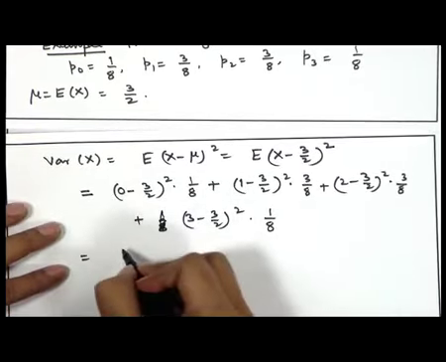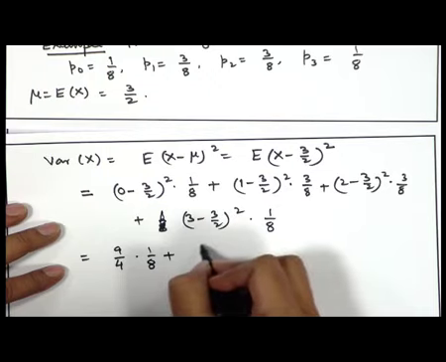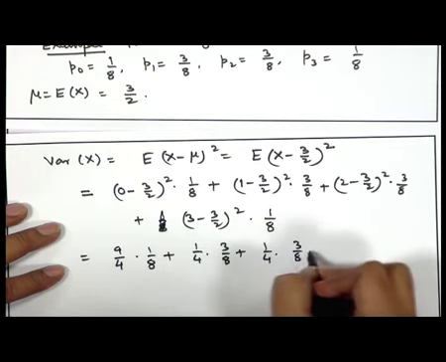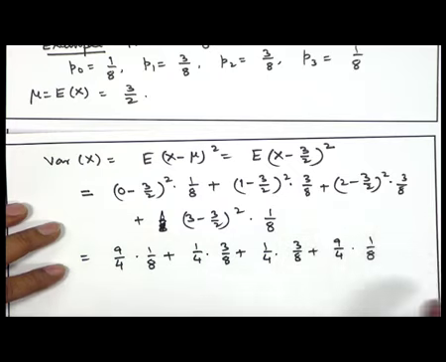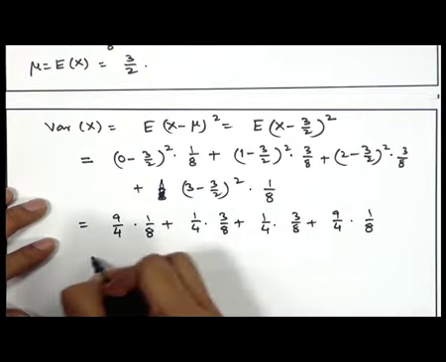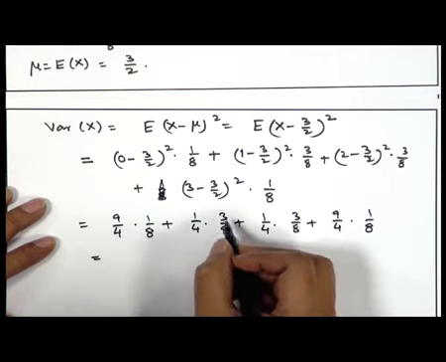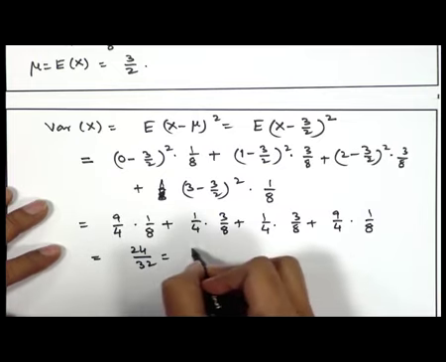This you can easily calculate: it is 9 by 4 into 1 by 8, plus 1 by 4 into 3 by 8, plus 1 by 4 into 3 by 8, plus 9 by 4 into 1 by 8. These values turn out to be 24 by 32, that is equal to 3 by 4.